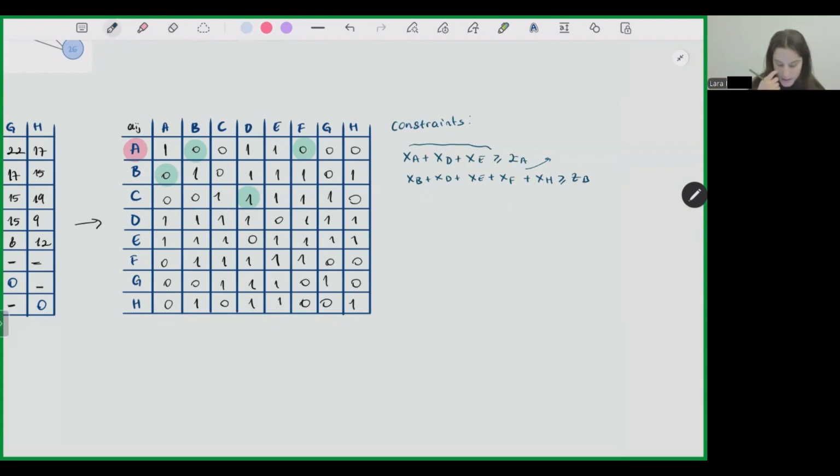If you go for C, to be able to cover node C, a facility at C, D, E, F, or G should be opened.